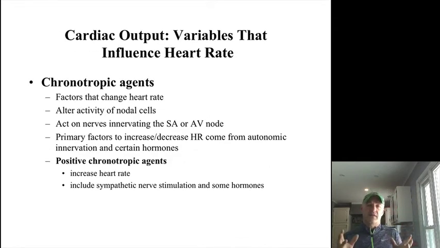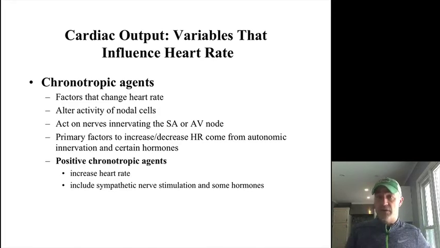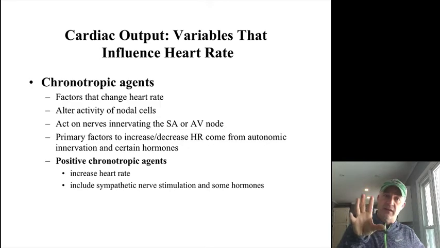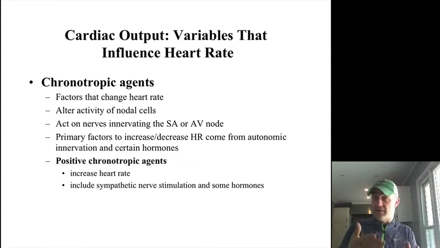What we're going to see is, again, anything that can influence either heart rate or stroke volume is going to influence cardiac output. And we can talk about a lot of different things that influence cardiac output. The thing to keep in mind with all this is anything that influences cardiac output is also an influencer of blood pressure. So when we go on to the next chapter and talk about blood pressure, it is going to be going back to all these things as well.